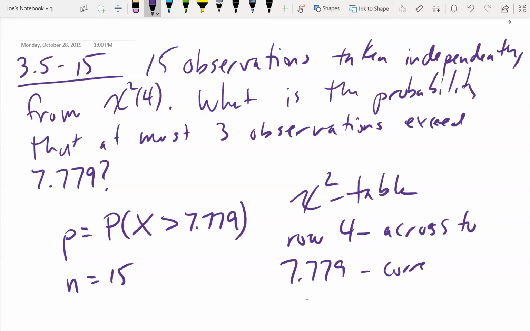This corresponds to chi-squared of 0.10 with 4 degrees of freedom.